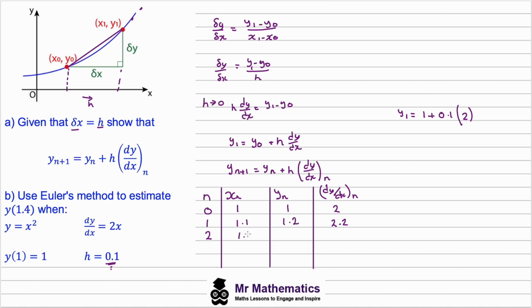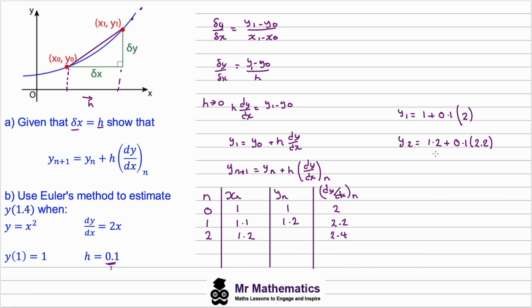Now we'll have x equals 1.2. We can work out the gradient at this point. We'll substitute the 1.2 into here, and we'll get 2.4. So now y2 will be the previous y value, which is 1.2, plus h times the previous dy by dx, which is 2.2.